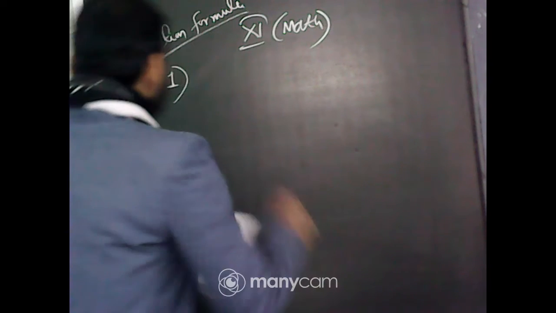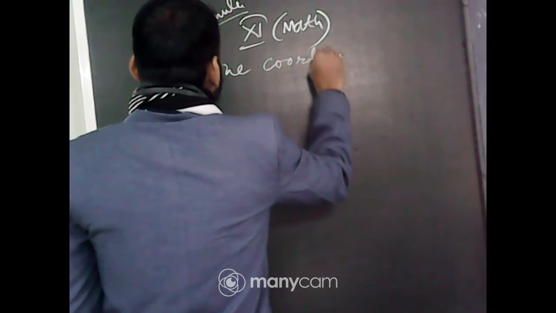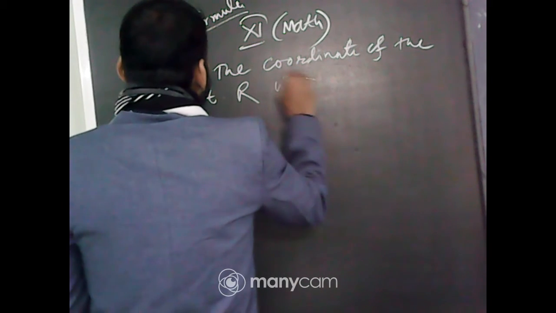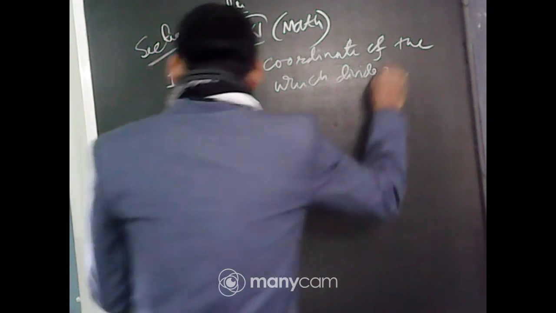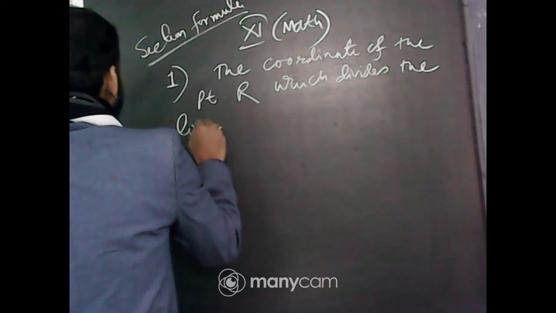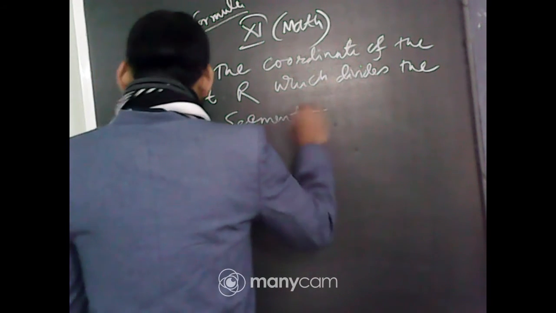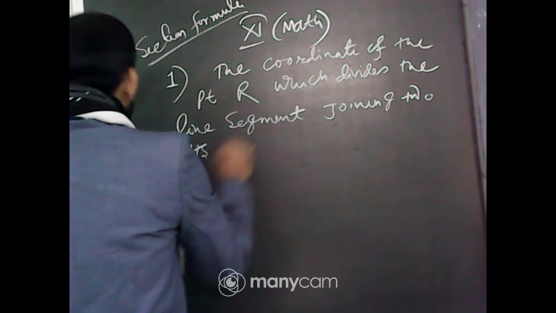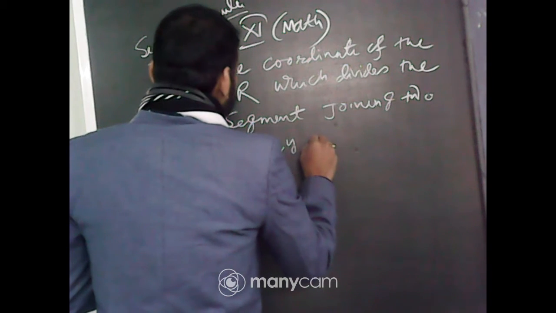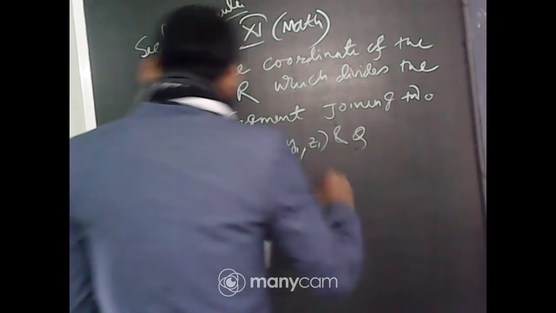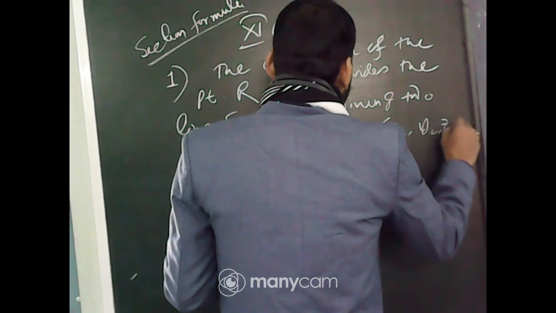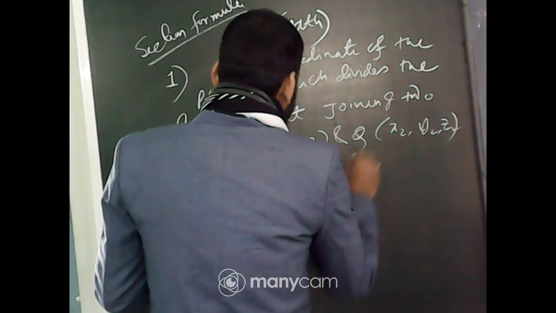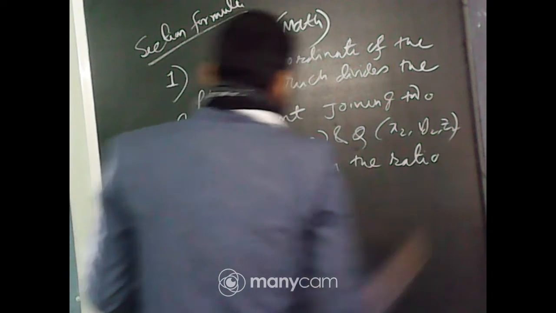Number 1: the coordinates of the point R, which divides the line segment joining two points P, with coordinates x1, y1, z1, and Q, that is x2, y2, z2, internally in the ratio m is to n.